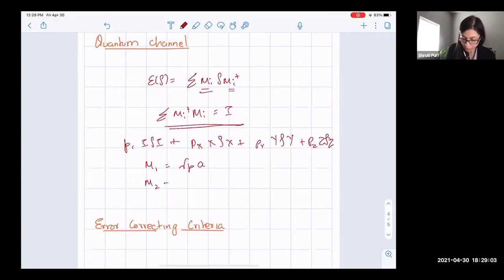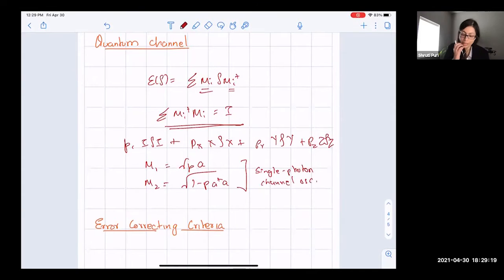So I need another Kraus operator to complete that condition, and I can complete it with this Kraus operator. Basically, this represents a single photon loss channel in the oscillator. And we can have two photon losses, three photon losses, and so on. We'll come to that as we go ahead.